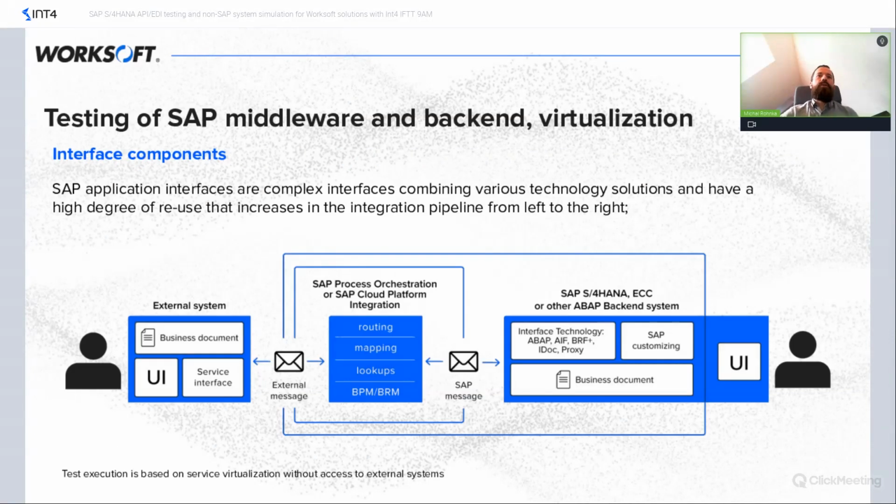Here are the key components of Int4 IFTT. The blue box represents what is in our scope. We've got the SAP Process Orchestration or SAP Cloud Platform Integration. It can also be other middleware platforms that are connected to the SAP backend.